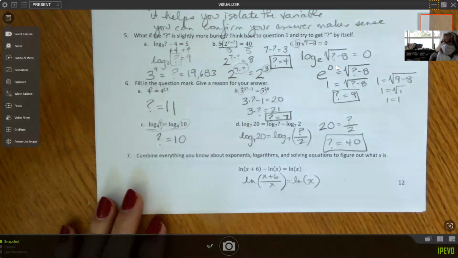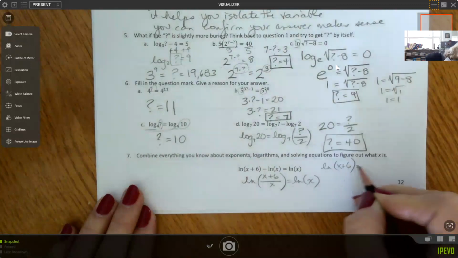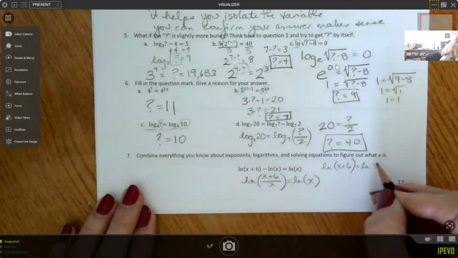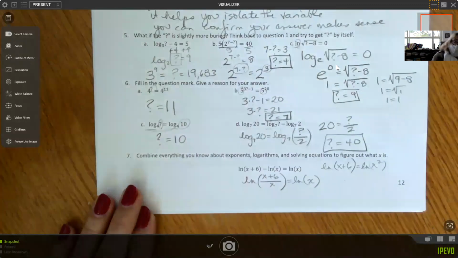You could add the natural log to both sides too. So then you'd have 2 times the natural log. So yeah, you could rewrite it so you'd have this. This is maybe an easier way to do it. Something like that. You could do it that way.